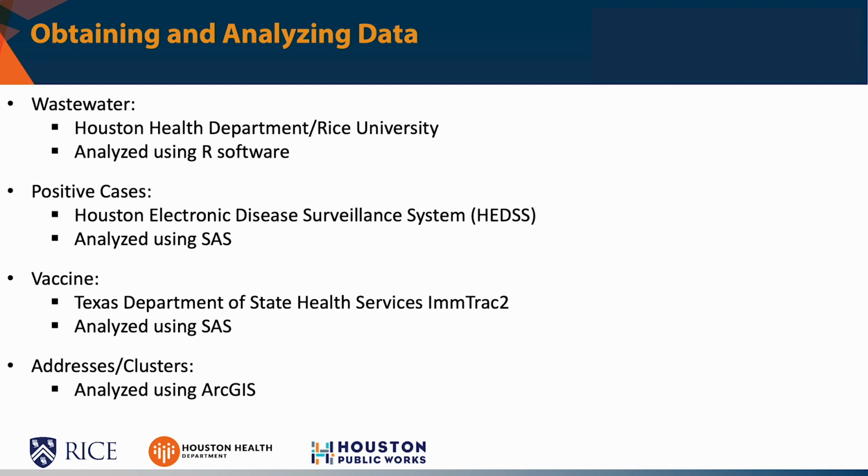Analyses regarding historical or cumulative positivity rates, 5-week positivity rates, active positive cases, and the like were conducted by the Health Department using SAS software. Data were also geocoded using the addresses listed in HEDSS. Data for variables related to vaccination rates were derived from the Texas Department of State Health Services MTRAC2 database, for which the Health Department has access.